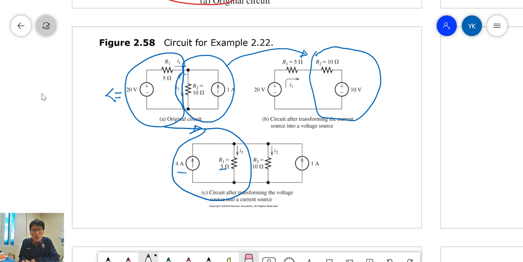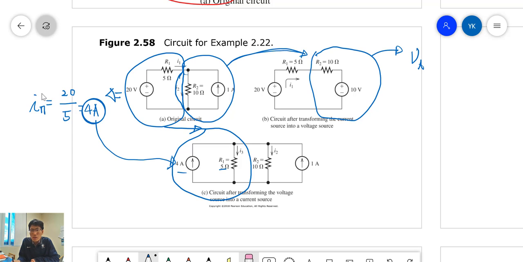Now here we can calculate the current. The Norton equivalent current is V over R, so 20 volts over 4, so 4 amps. So this 4 amps is here, and also here we can find the Thevenin voltage VT, which is IN times RT.